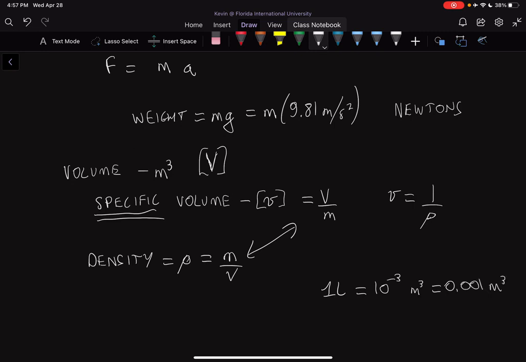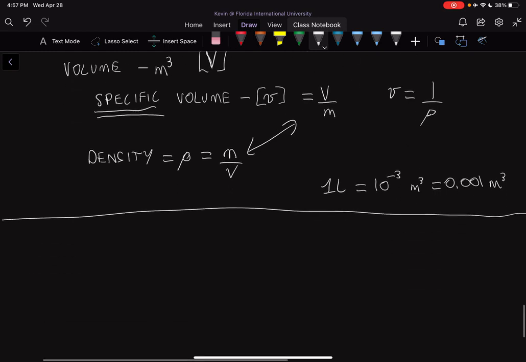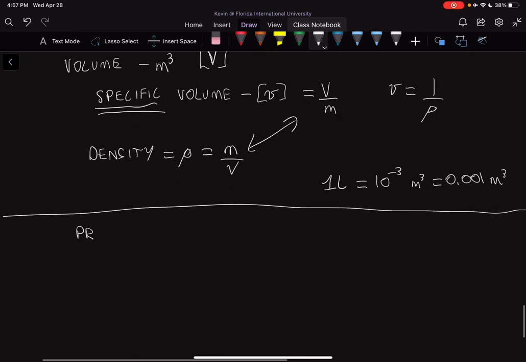This will be useful when you're solving problems with liters sometimes. Okay? And that covers volume. And now we're going to be talking about pressure, and then we'll talk finally about temperature at the end of the lecture. So pressure is next.